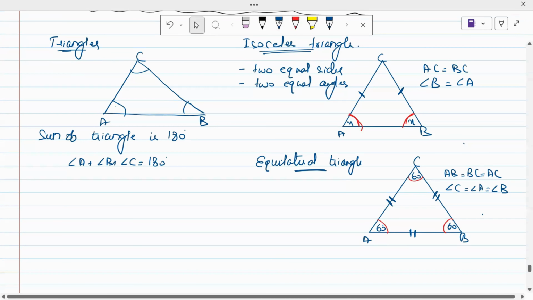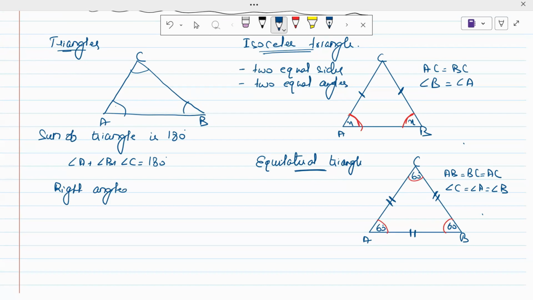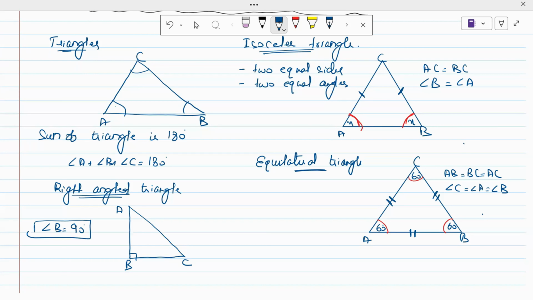And then we have another special triangle, which we call a right angled triangle. In a right angled triangle, one of the angles should be 90 degrees. So if this is ABC, we can see that we have a 90 degree angle at B. So for right angled triangles, one angle is 90 degrees and this is the indication of 90 degrees.